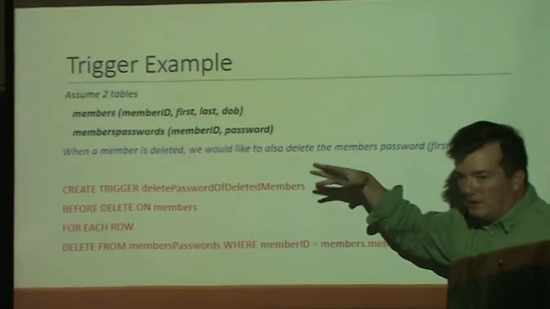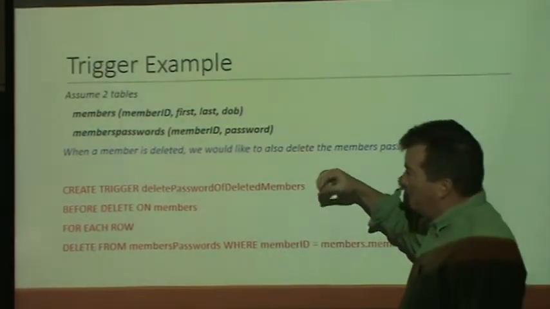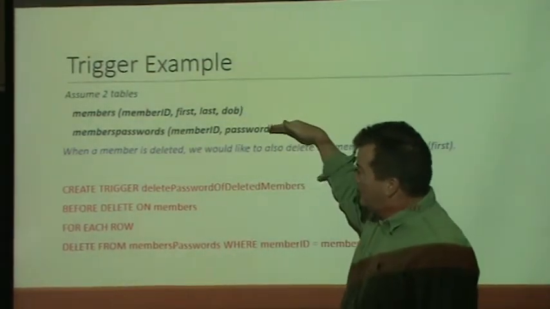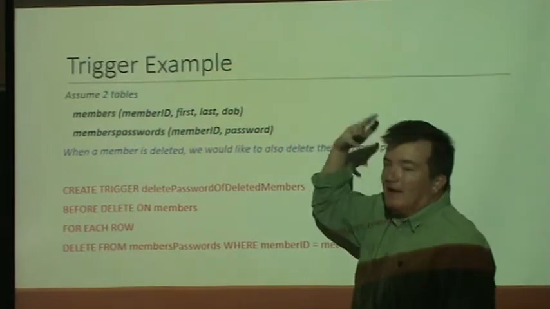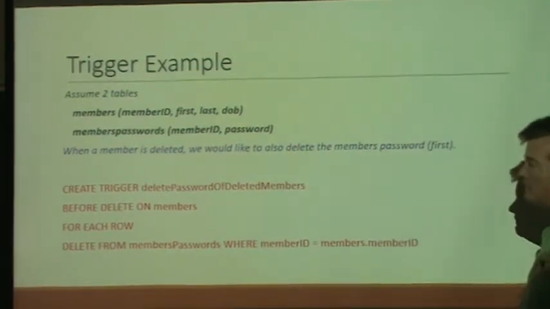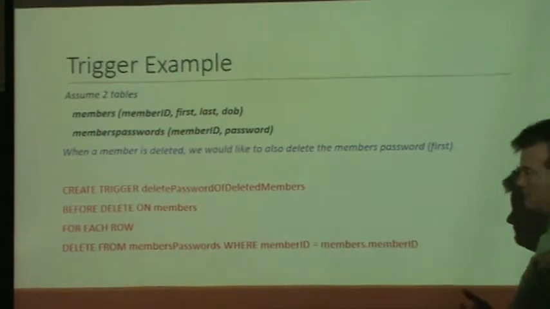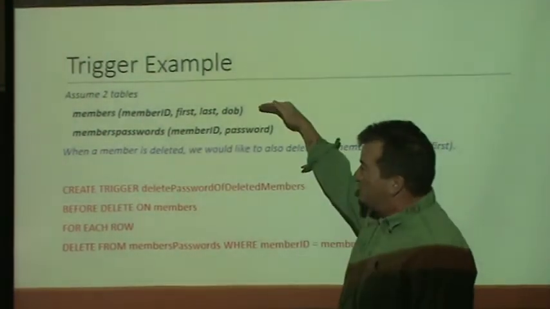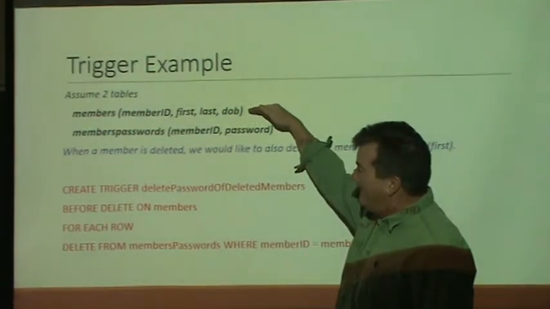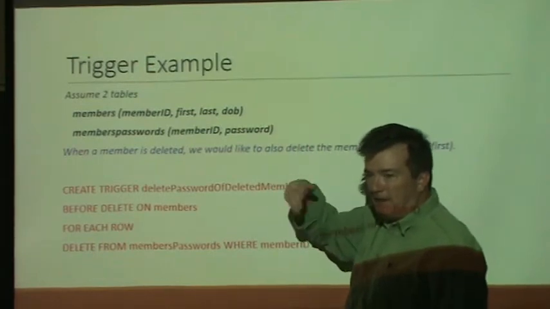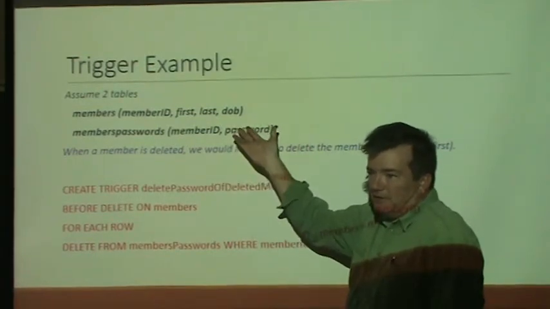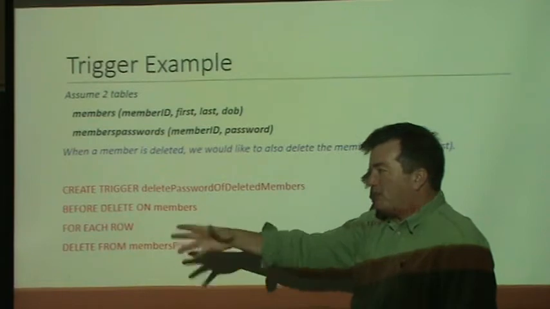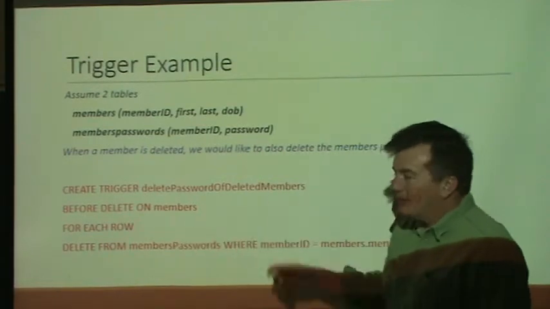Well, one thing we wouldn't want to have happen is to delete the member, but leave that password. So what we might want to do is say, anytime we are going to delete a member, if that same member ID happens to have a password, we should get rid of it. There's no point in having this member's password, but the member doesn't exist.